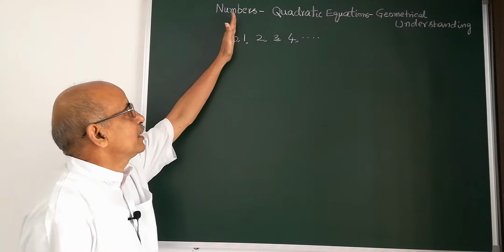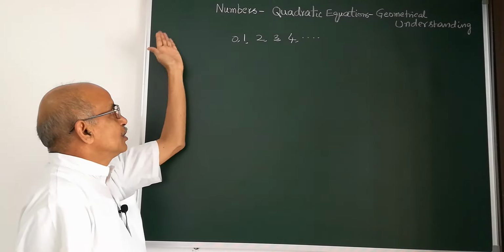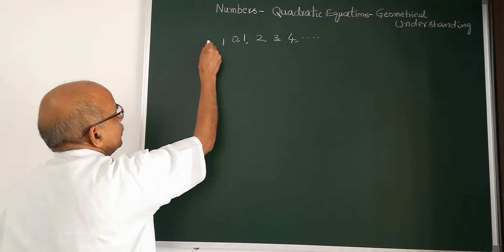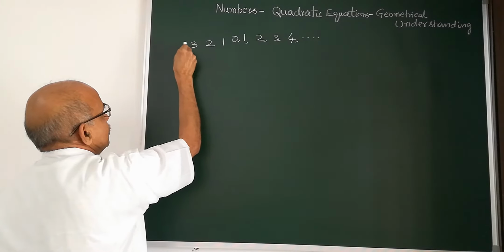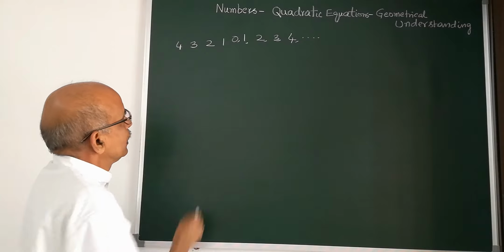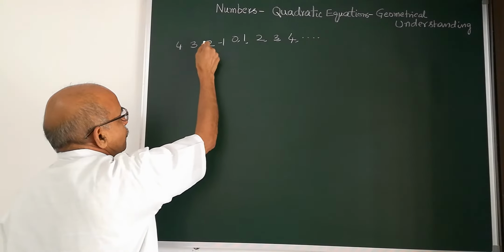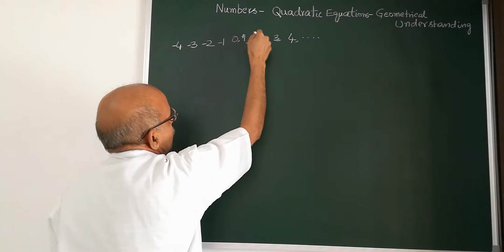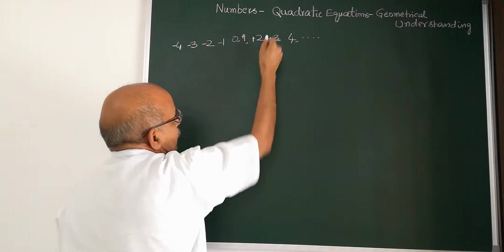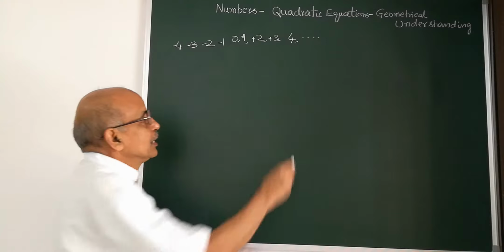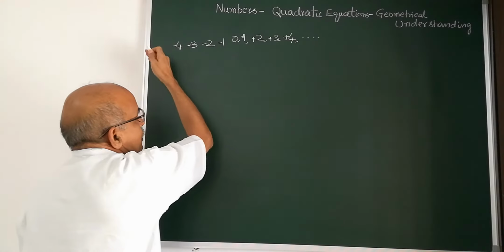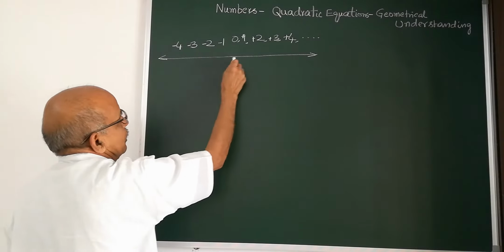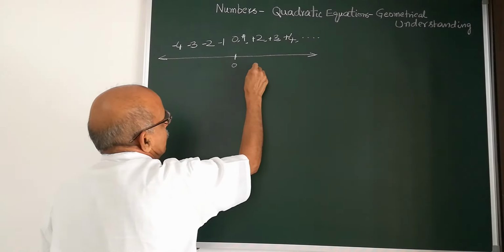Now, if we keep a mirror here, the mirror image of all these numbers, 1, 2, 3, 4, like that, and these numbers we put with negative sign and these numbers we put with positive sign, then we call them integers, and this we call a number line, and this is 0.